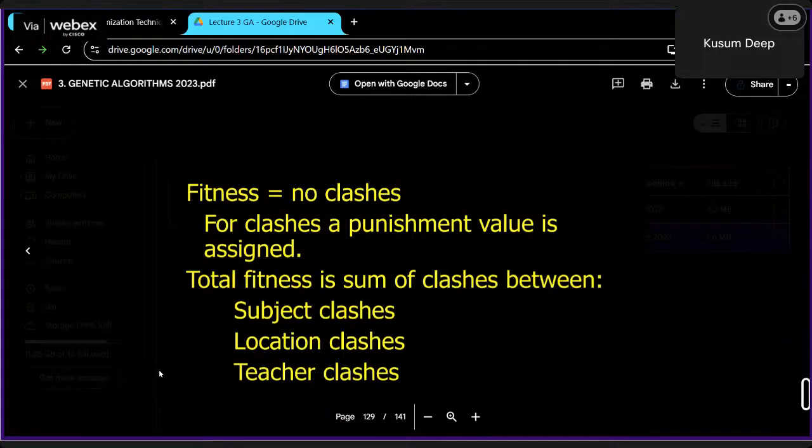So for clashes, I can impose a punishment value, and that way I can define the total fitness as the sum of all clashes between the subject clash, location clash, and teacher clash. Okay, so that way I can define the fitness.